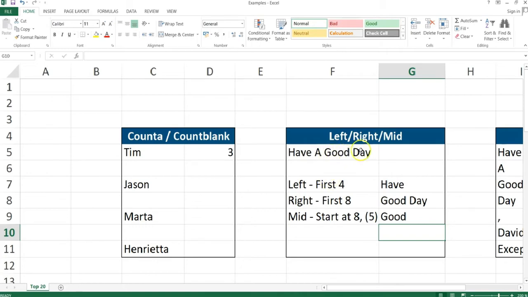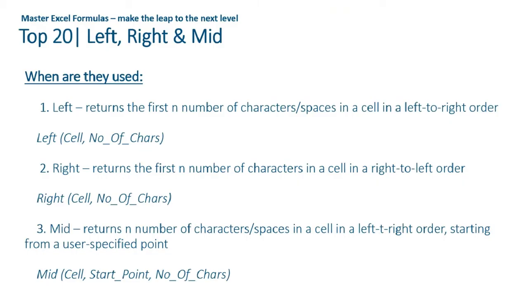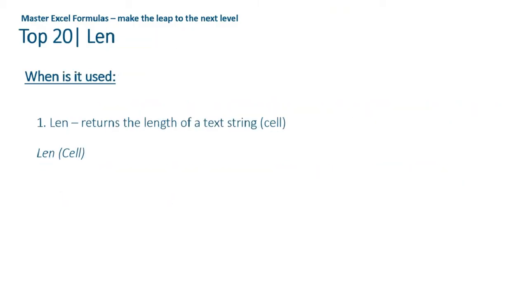So good and the empty space between good and day is included in this result here. Okay, so the next formula here is the Len formula. It purely returns the length of a text string.